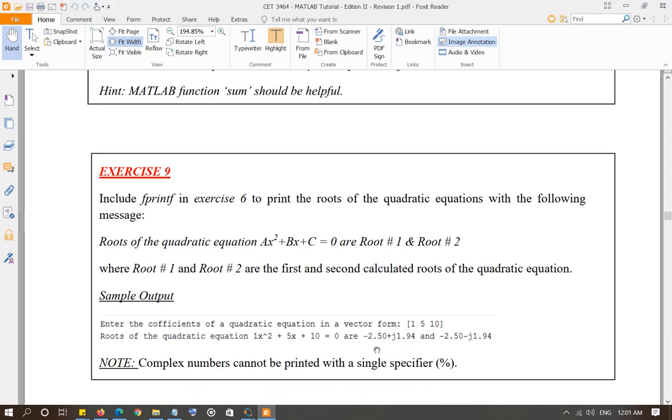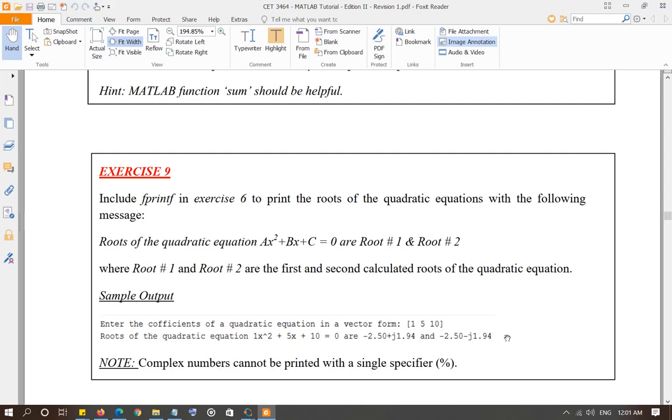So think about how you're going to print this complex number, and I'll give you a hint. One way is to convert the complex number into a string, and there is a function in MATLAB called num2str that will convert any number into a string, and then you can print each complex number using the string specifier.